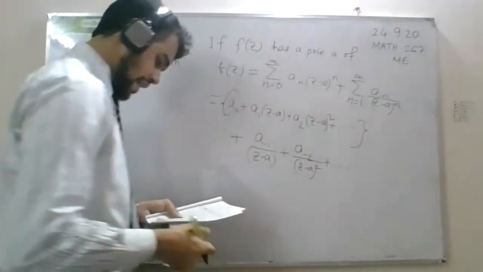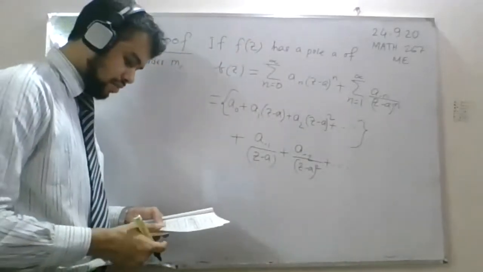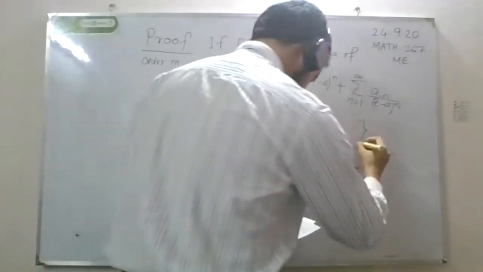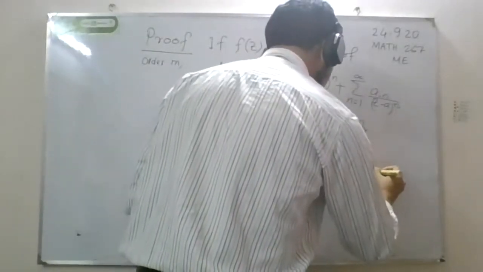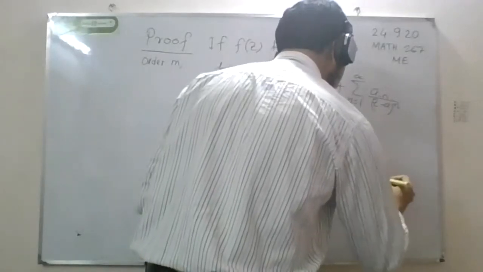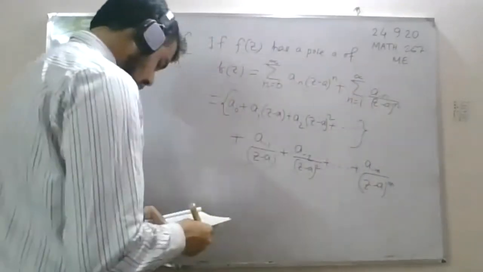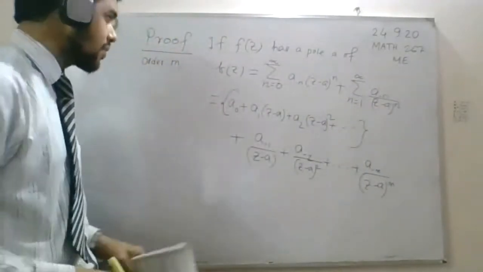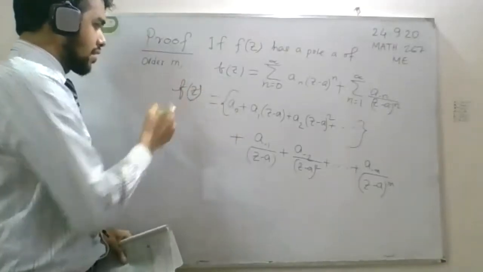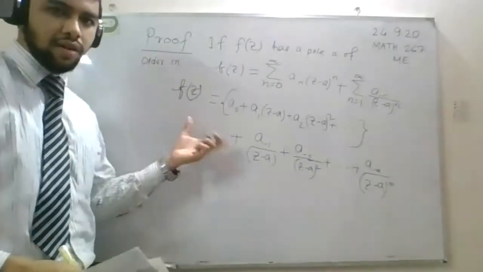And for n terms, you can also say that thing like this, divided by z minus a to the power n. Okay. So now here you clearly see that this is our f(z), which is our Laurent expansion.